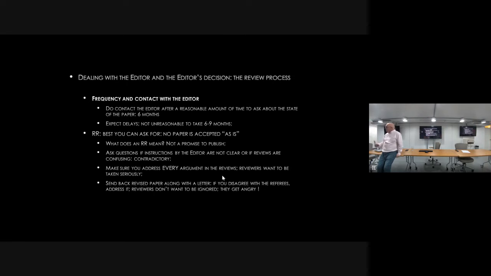They might just read the letter you sent. And if you tell the reviewer, I dealt with this in this, question 5, argument 5, however, I disagree. And here's why. You're telling the reviewer, I'm not going to put this in my paper, and here's why. That's fine, that's fair. The reviewer will say, she took into consideration my argument, that's all I wanted.